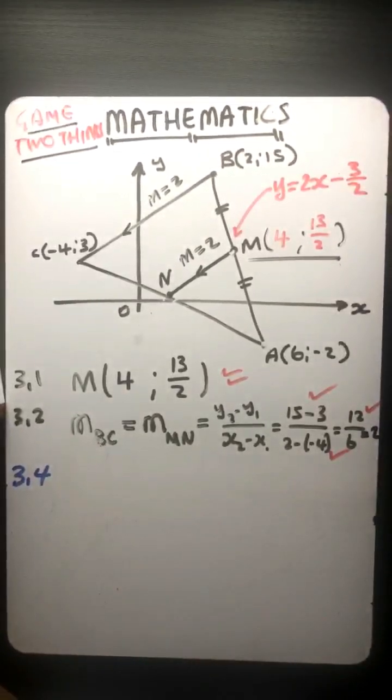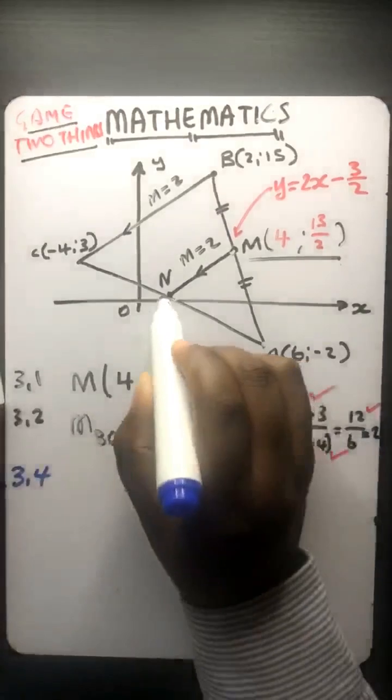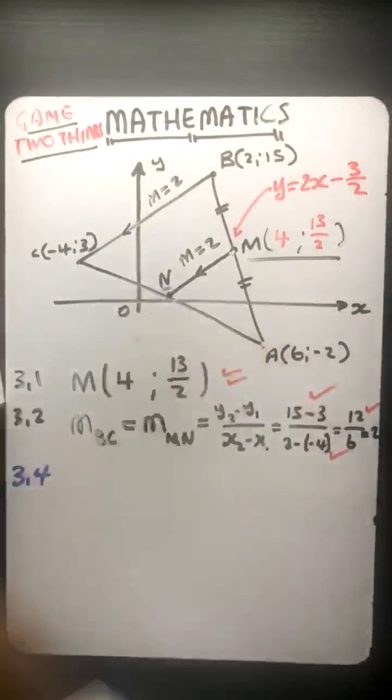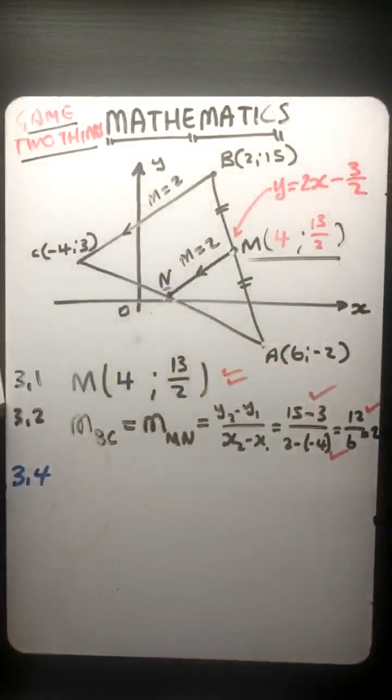So let's see. 3.4, it says calculate with a reason the coordinates of point N. So that means they actually want the coordinates of point N. And this question is allocated 4 marks.